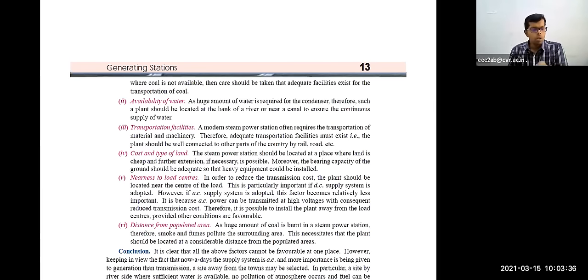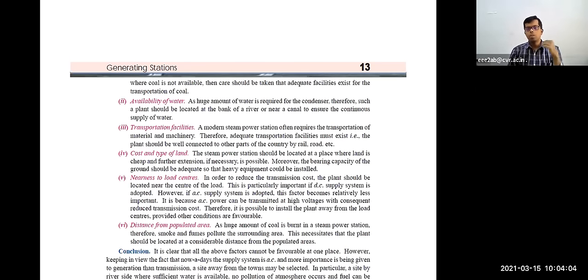And also the type of the land. If you want to install a thermal power station, you need a huge amount of land, and you have to bear the cost of the land also, and heavy equipment also gets installed.